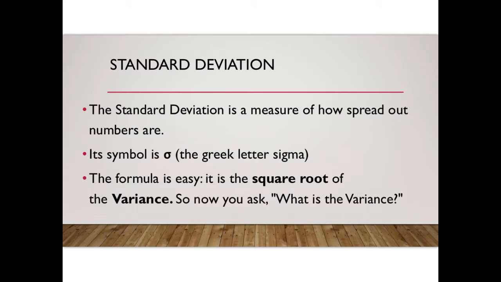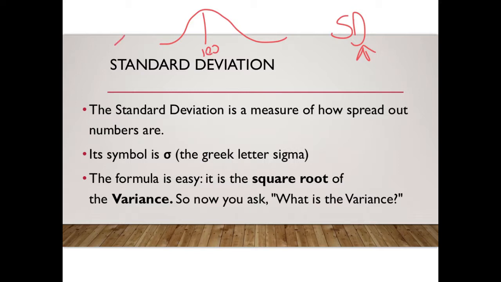Standard deviation, denoted by an SD. These letters are always italicized. When looking at the standard deviation, we look at how spread out the numbers are compared to the mean. In a normal distribution, let's say my mean was 100.